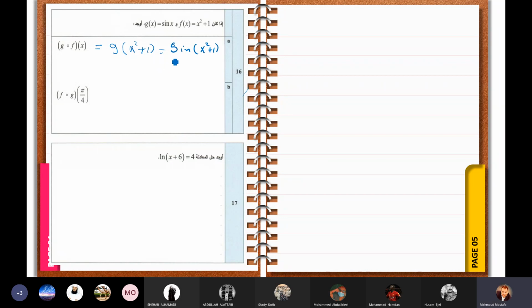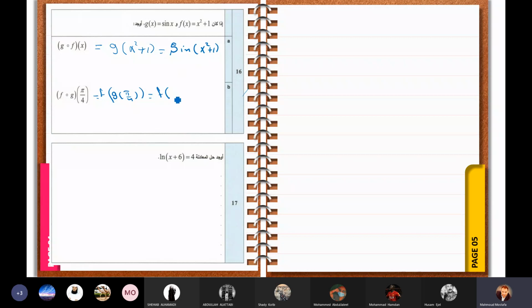Now, f of g of pi over 4. So I have to find g of pi over 4, which is sine pi over 4.